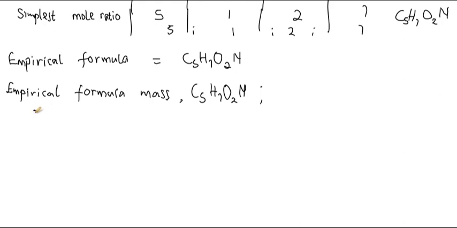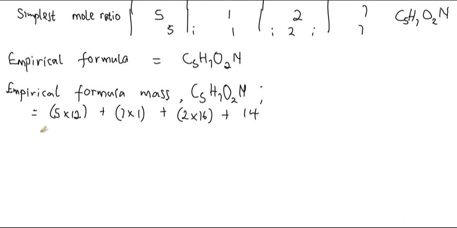So I have that to be equal to 5 atoms of carbon is present, so I have 5 times 12. 12 is the atomic mass of carbon, plus 7 times 1, the atomic mass of hydrogen, plus the atomic mass of oxygen is 16, and we have 2 atoms present, so that will be 2 times 16, plus for nitrogen, atomic mass of nitrogen is 14, and we have 1 present, so just have that as 14.